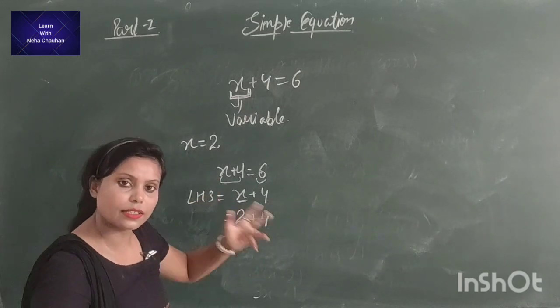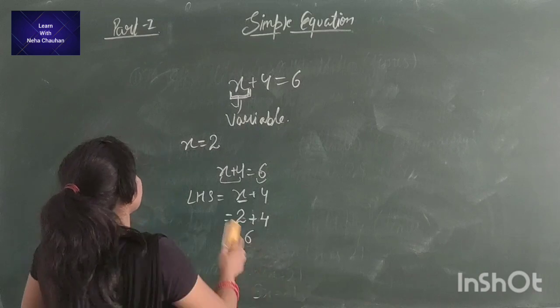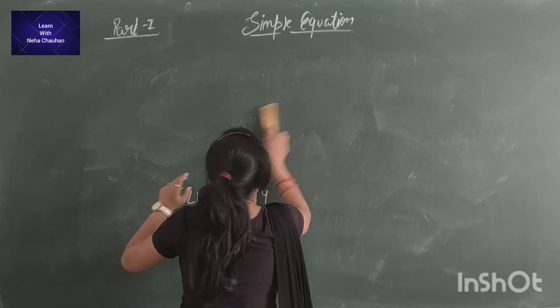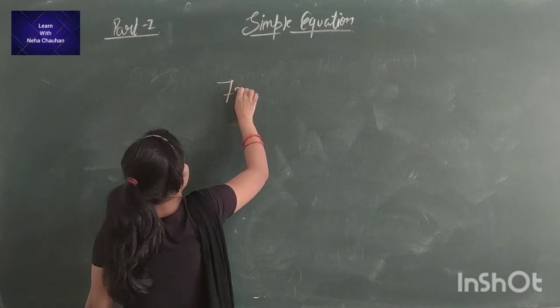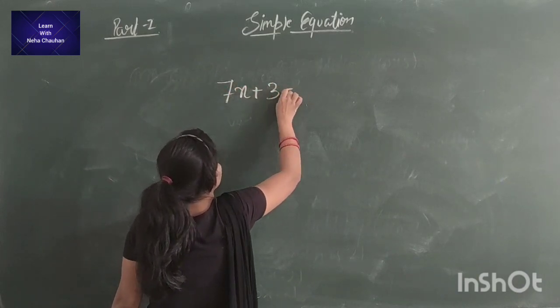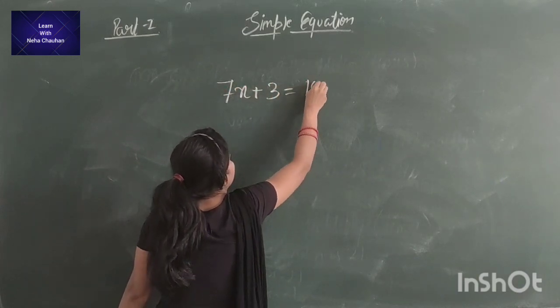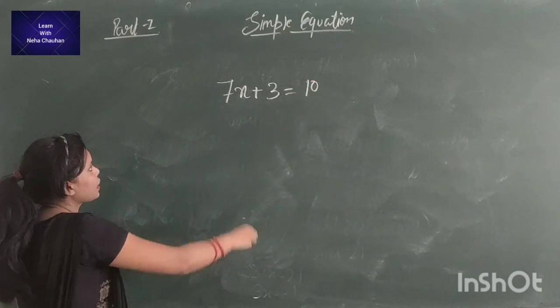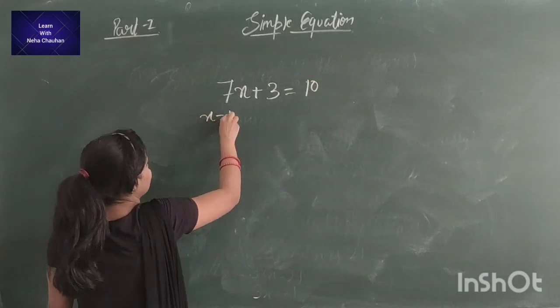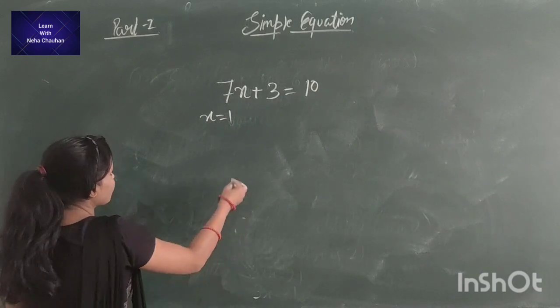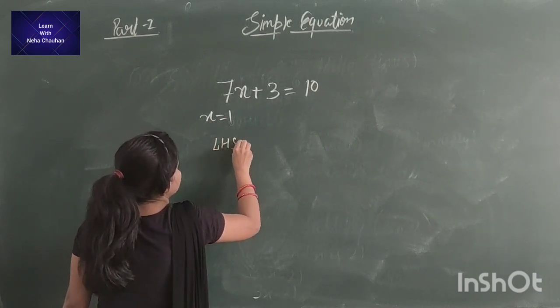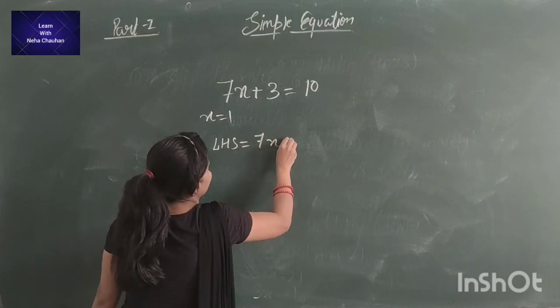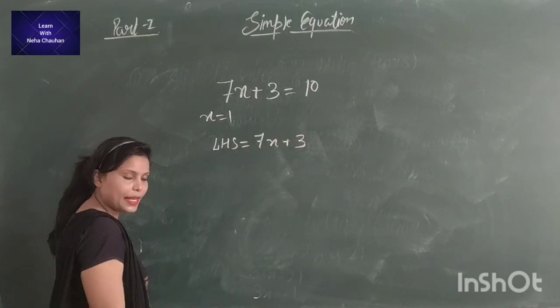Let's take another example for that. If we have 7x plus 3 is equal to 10 and we are given x is equal to 1. So how will we solve it? LHS is equal to 7x plus 3, right?